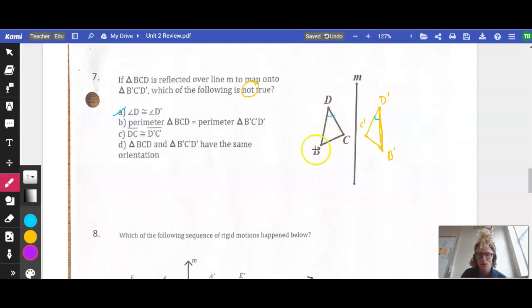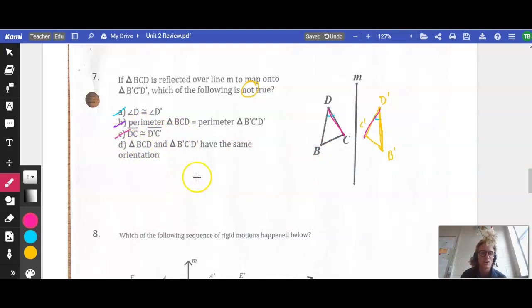So the distance around this triangle will be the same as the distance around that triangle. So that is not our answer. DC is congruent to D prime, C prime. Well, if it's a reflection, reflections are rigid motions that maintain distance and angle measure. So that is not our answer.